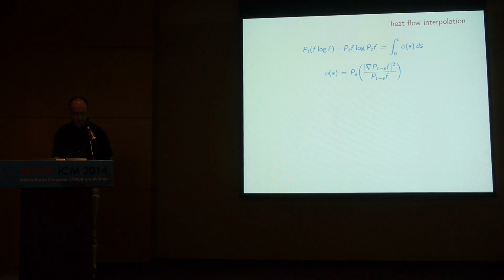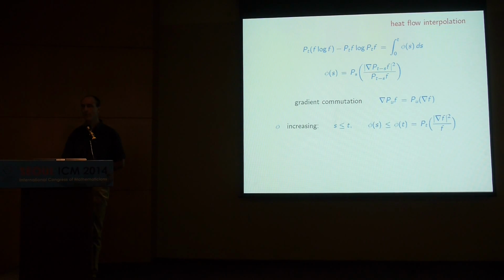What we basically showed, using this gradient commutation, is that this function phi is increasing, so that phi of s is less than or equal to phi of t, and you get the inequality. Now, of course, in order to prove that a function is increasing, we learned a long time ago another way to do it, namely to take derivatives. So why not try to differentiate this function phi?